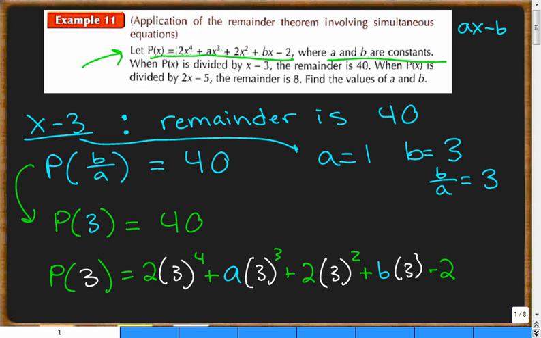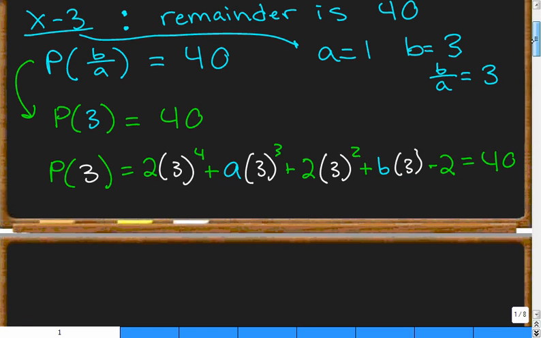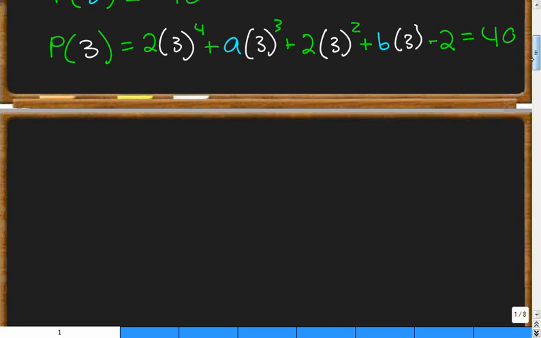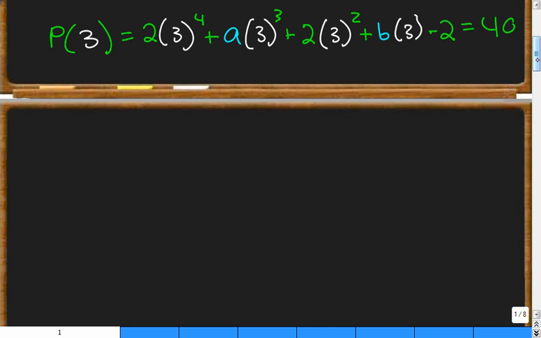That equals 40. So now we have to go through and solve this out. This is all we're focusing on right now, so let's simplify the rest of the way.